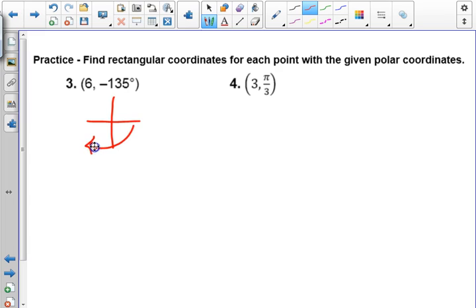So go to negative 135 when R is 6. Use your ordered pair.